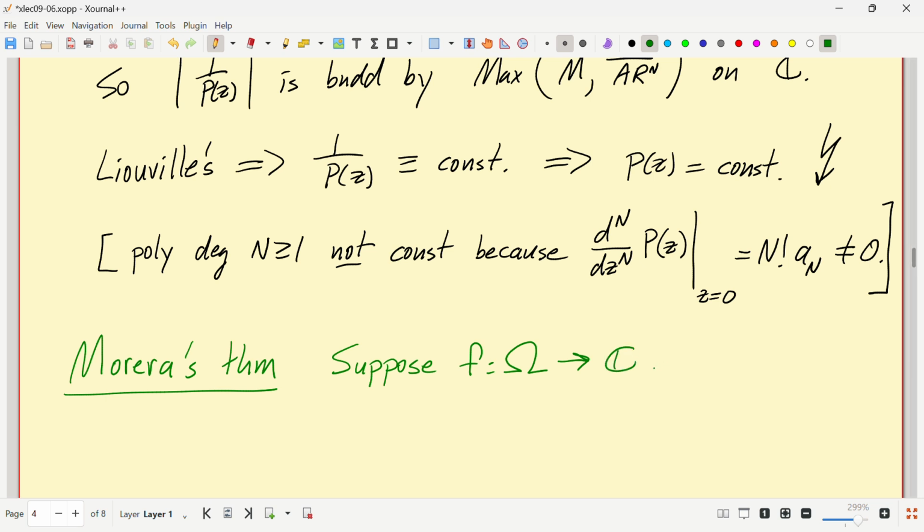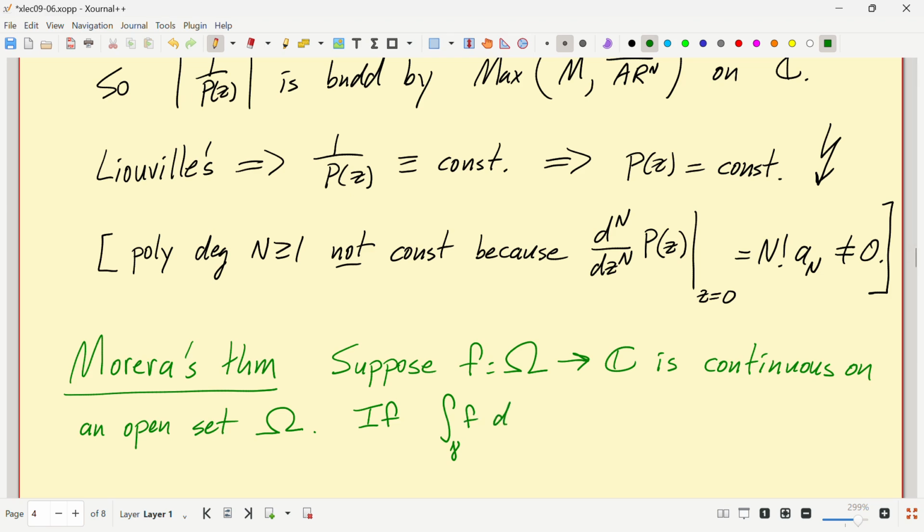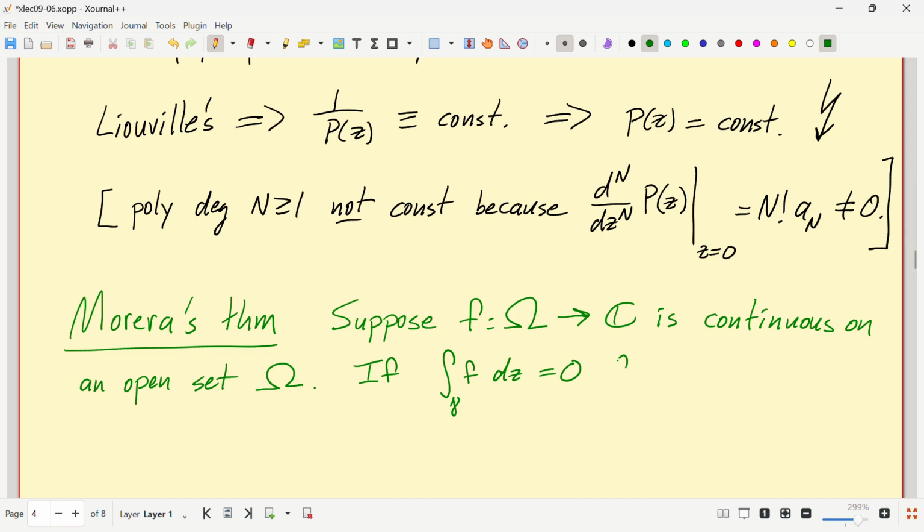I'm not going to assume that it's analytic. Then Morera's theorem says if the integral of f around every closed contour gamma in omega is 0, as in the Cauchy theorem, then f is analytic.